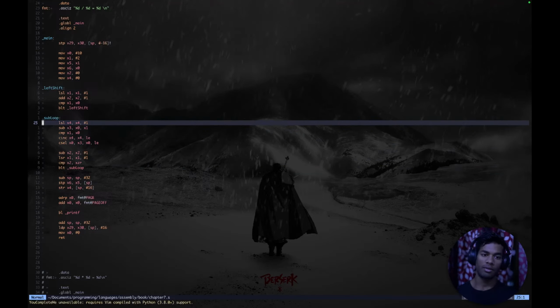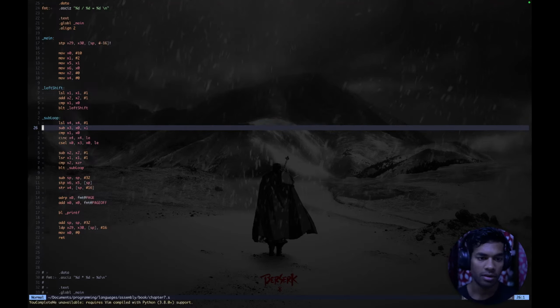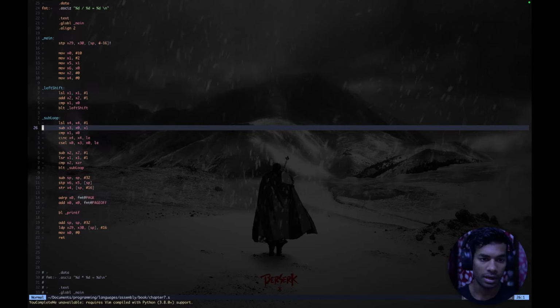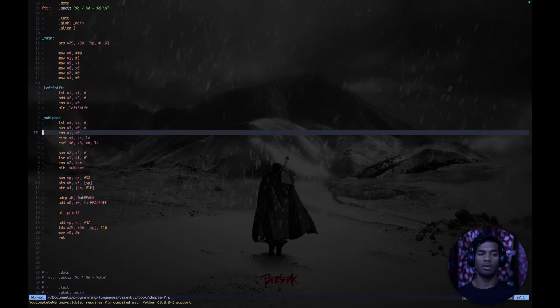Here I logically shift left 4 by 1. And then from 10 I subtract 8 and store 2 in the third register. And then here I am comparing 8 with 10.